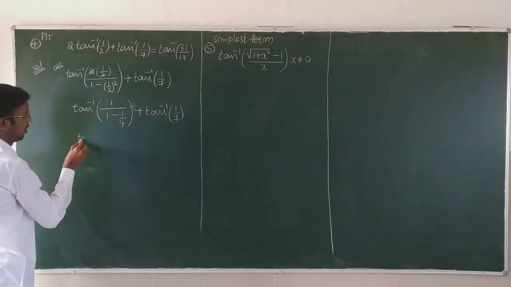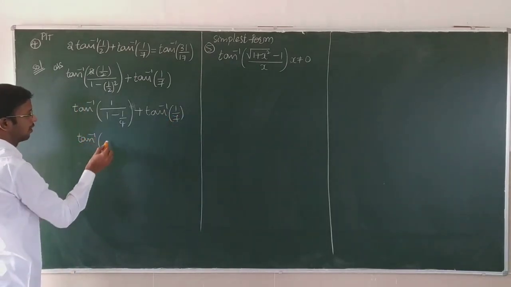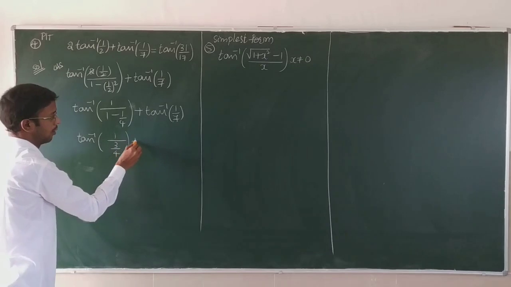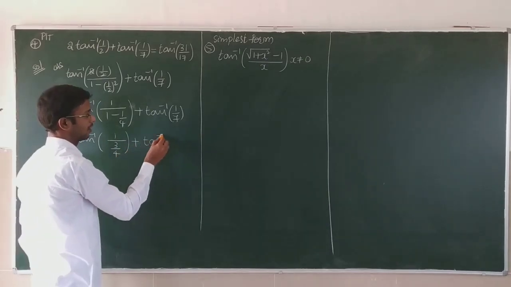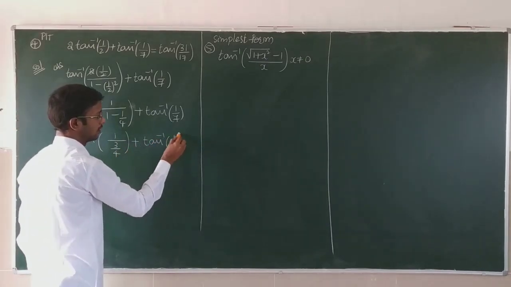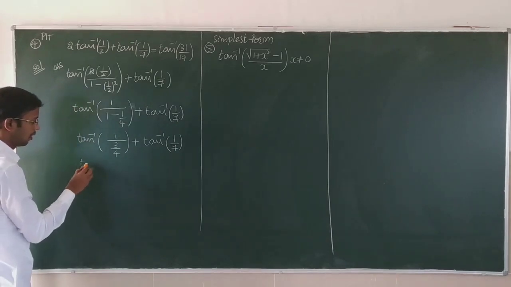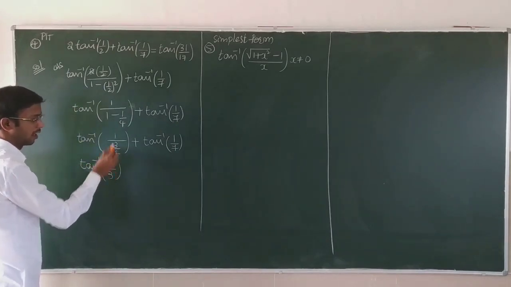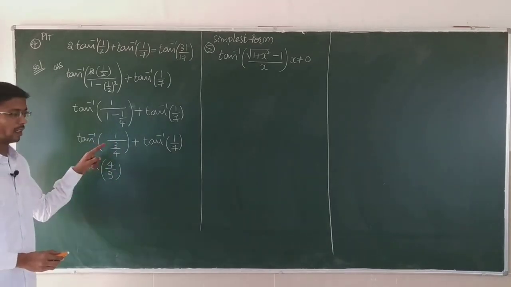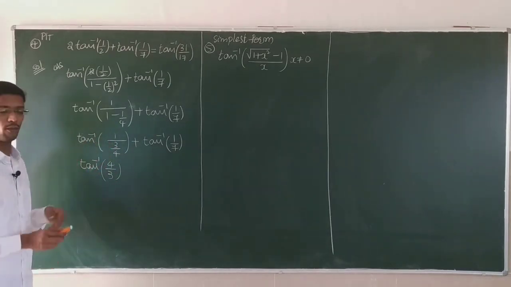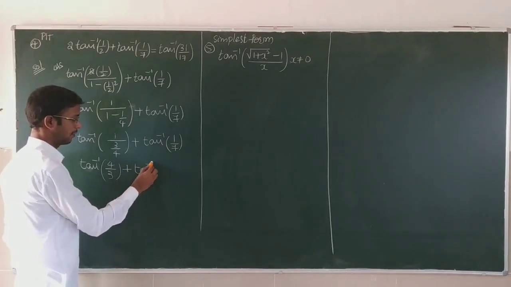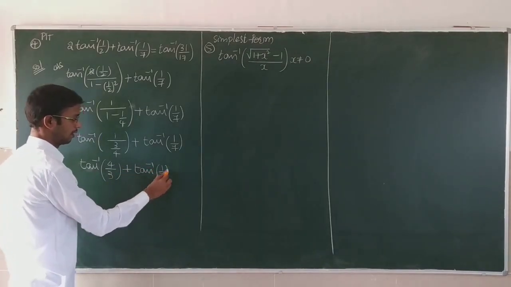Simplifying, tan inverse of 1 by 3 by 4, which is 4 by 3, plus tan inverse of 1 by 7.